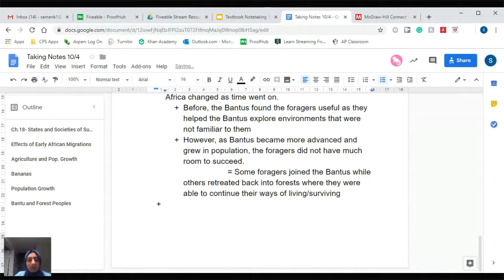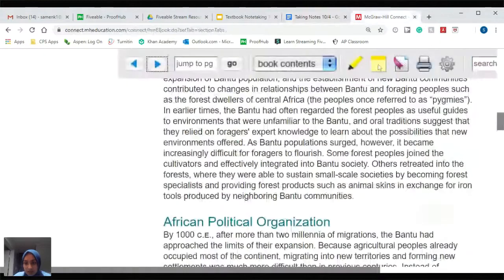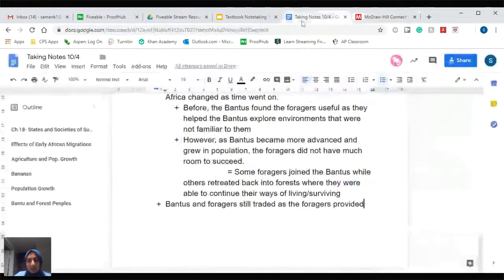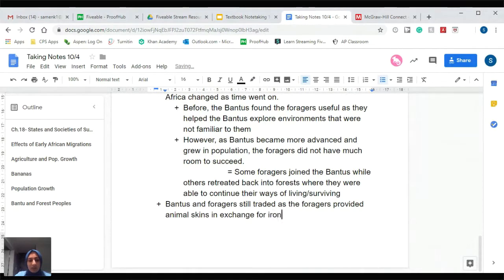We could say, however, Bantus and foragers still traded, as the foragers provided animal skins in exchange for iron tools.